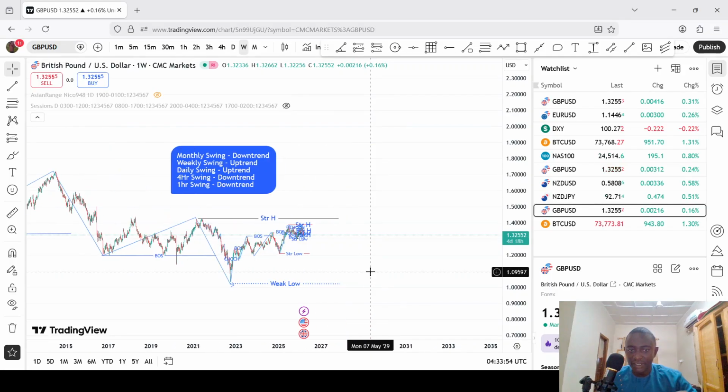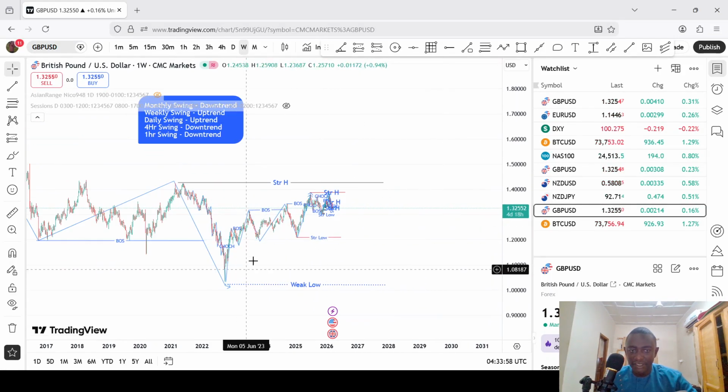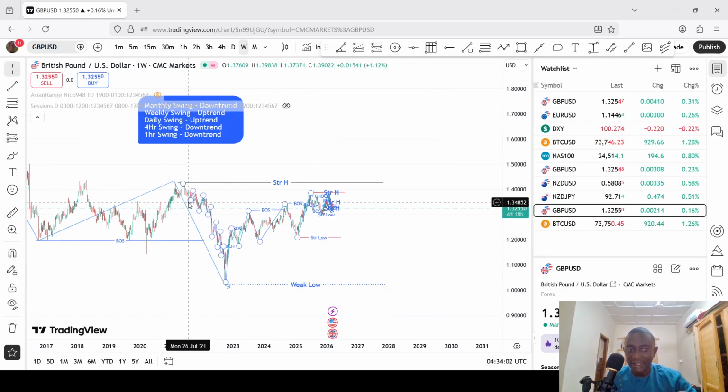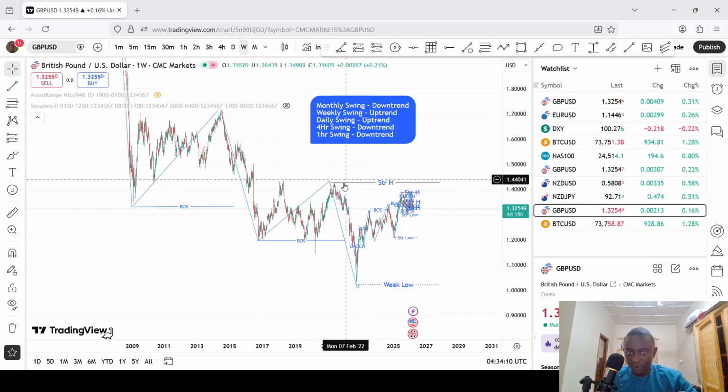That is where you need, because that is where price is currently in. You know, this last high that broke this low to this point, which means in the monthly swing we had this downflow, right? We had price coming down.